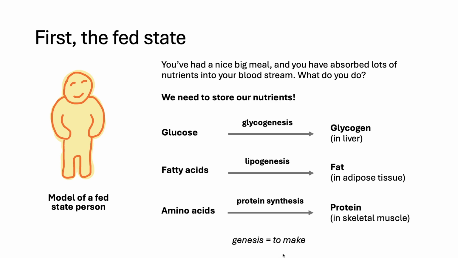Genesis means to make, and so glycogenesis is making glycogen. Lipogenesis is to make lipo. Lipo is Greek for fat, or Latin for fat, one of those old dead languages, and protein synthesis obviously is to make protein. So in the fed state, we perform these three biochemical reactions.